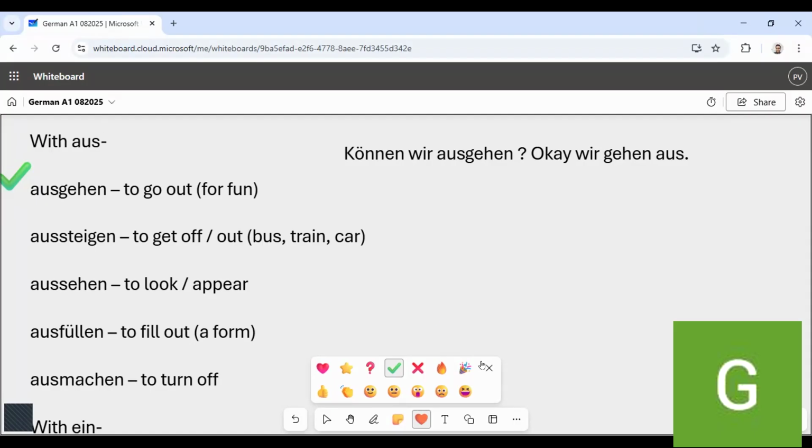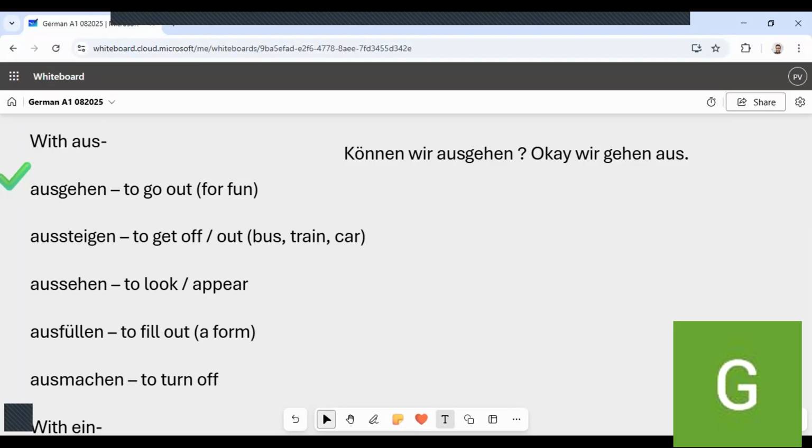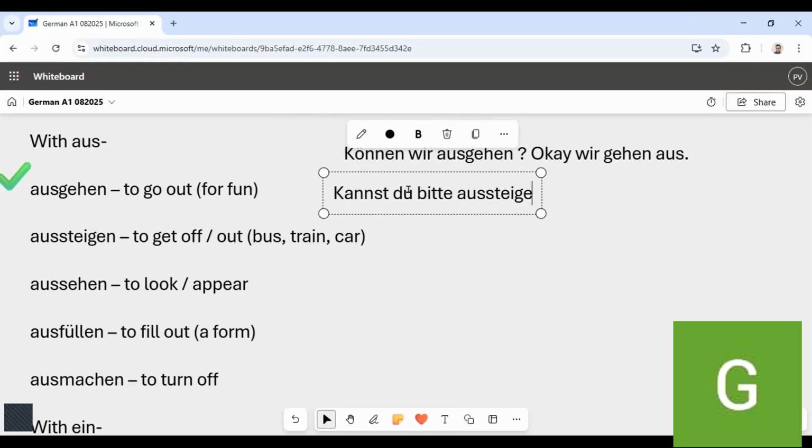You are afraid that the door might close before you get out. Then how can you make a sentence? Kannst du bitte aussteigen? Aussteigen is sufficient.